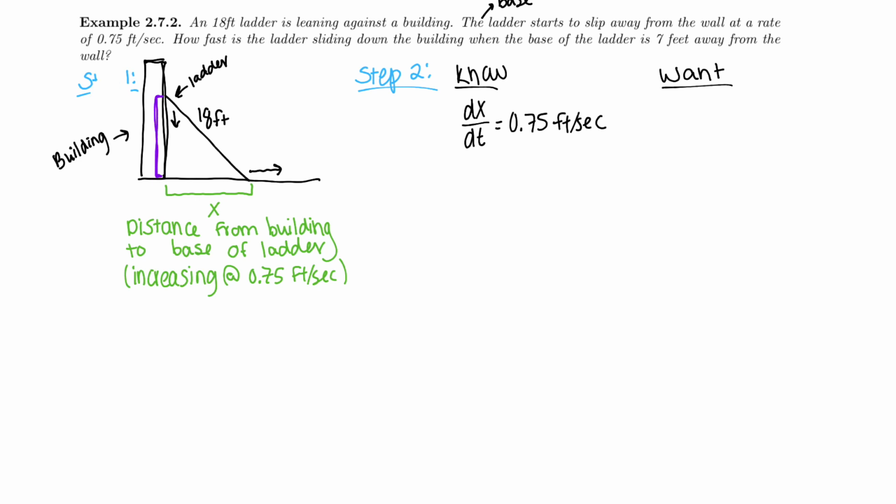Oops. Nope. I just wanted to erase a little bit in there. There we go. So I can label it. I'm going to call this distance y. Y is the distance from the top of the ladder to the floor.